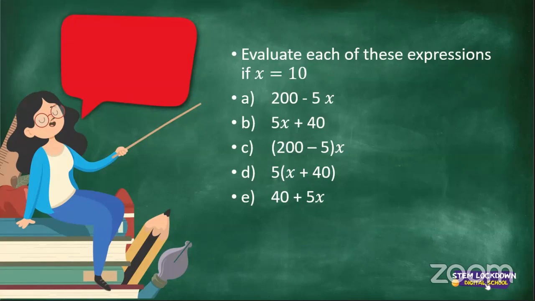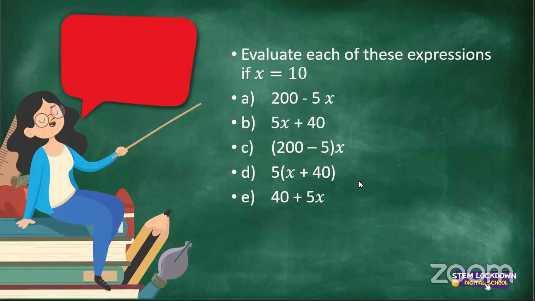Good morning, sir. Morning, Unkabetse. Sir, I calculated what's inside the bracket first, which was 10 plus 40, which gave me 50. And then I said 5 times 50, which is 250.